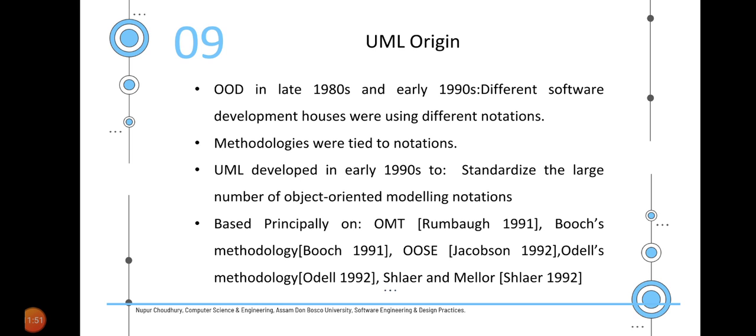And in order to standardize UML, the researchers or the stakeholders depended principally on OMT, which was defined by Rumbaugh in 1991, Booch's methodology, which was defined by Booch in 1991, OOSE, Object Oriented Software Engineering, which was developed by Jacobson in 1992, Odell's methodology in 1992, and the Shlaer and Mellor model, which was developed by Shlaer in 1992.